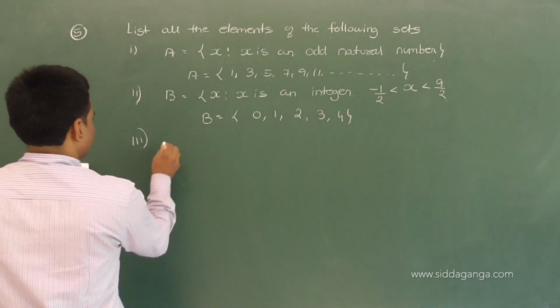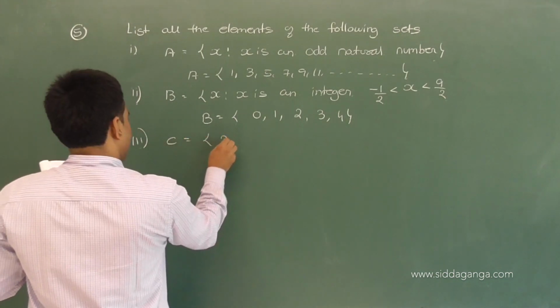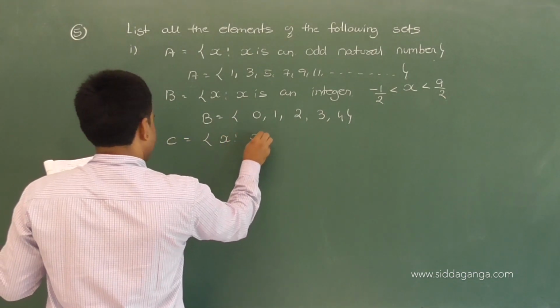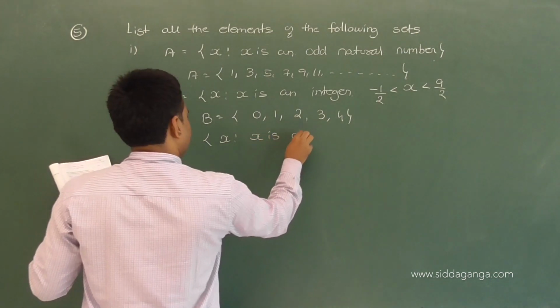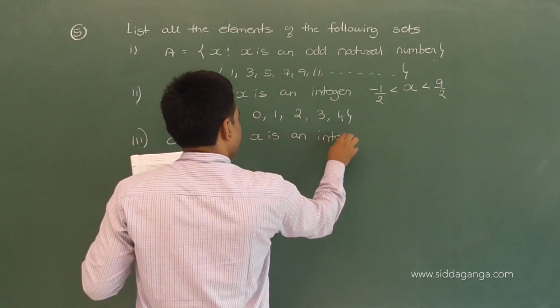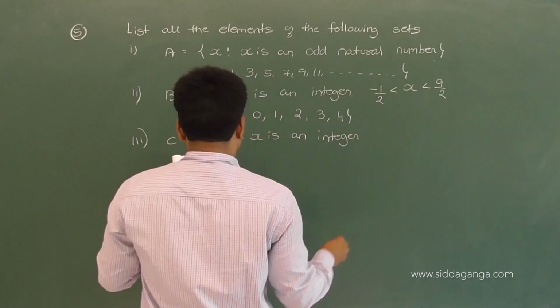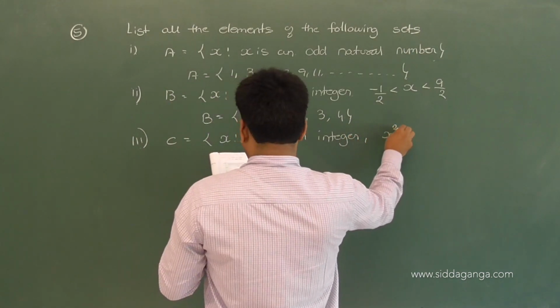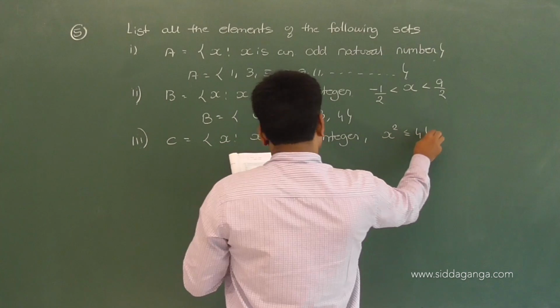Third problem, C. C is equal to x such that x is an integer, x square less than or equal to 4.